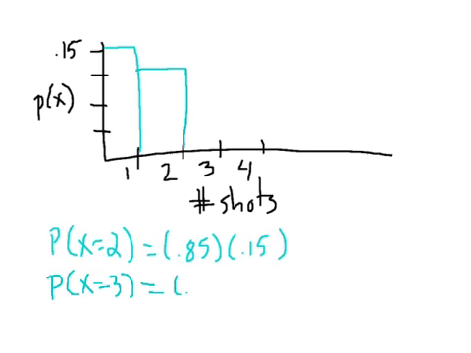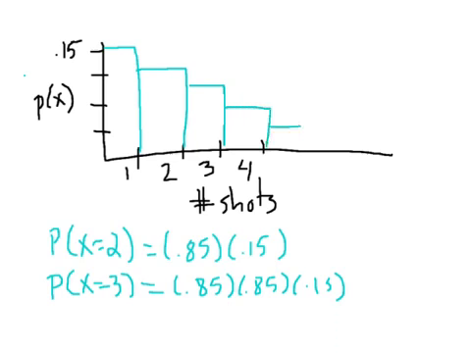Well, that's just another 0.85, right? 0.85, 0.85, 0.15. And I don't know exactly what number that is, but I know it's 85% of the height of this bar. So it's going to maybe be something like this. If you think about it, I can kind of keep going. Won't every bar be 85% of the height of the one before it? Because there's one more miss every single time.